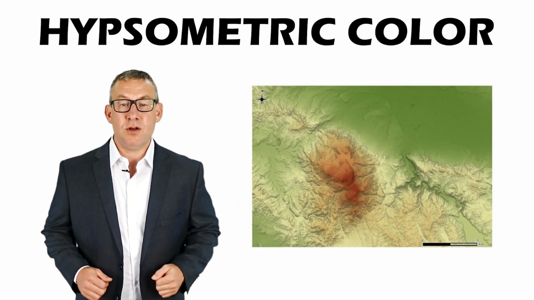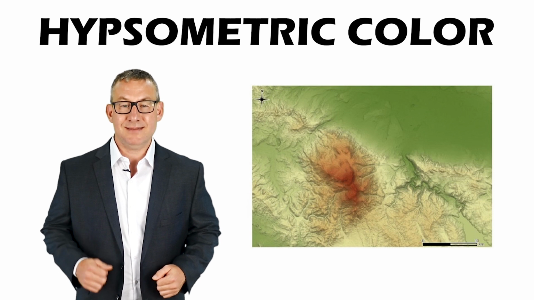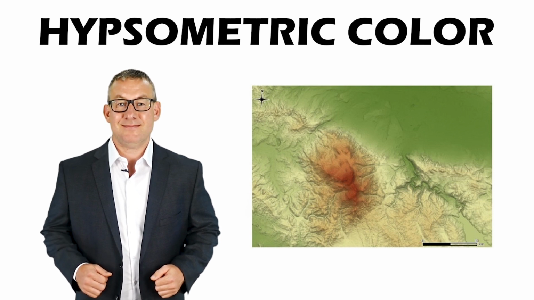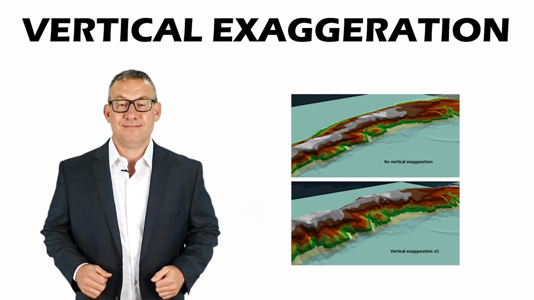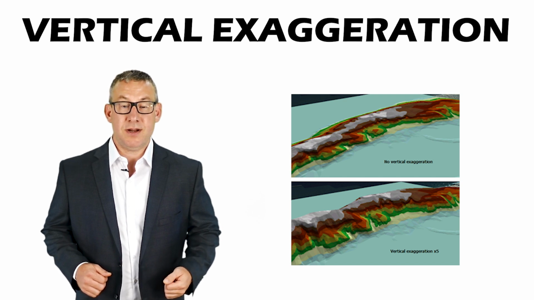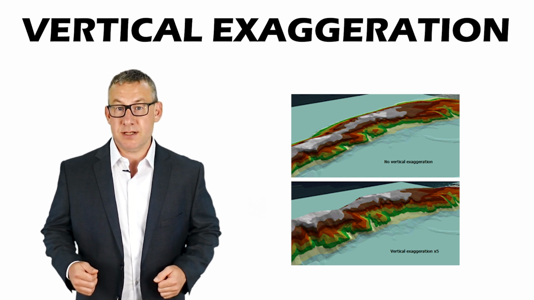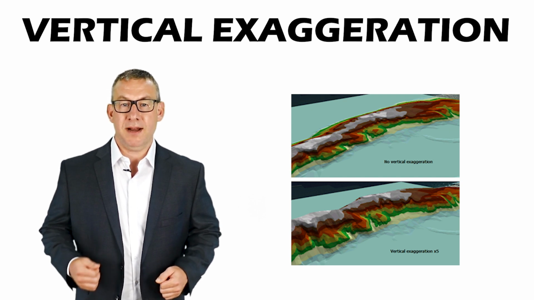Hypsometric color is also known as elevation tinting. Vertical exaggeration. Vertical exaggeration increases a feature's height to emphasize subtle changes or create a more dramatic effect.